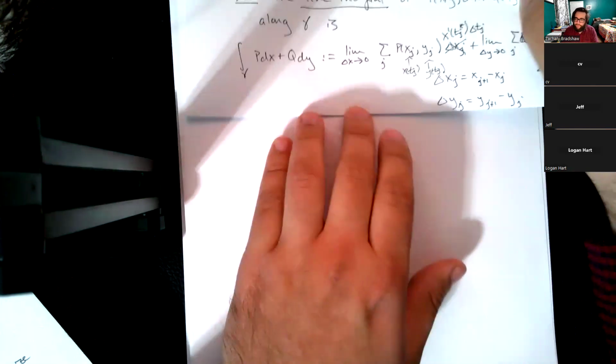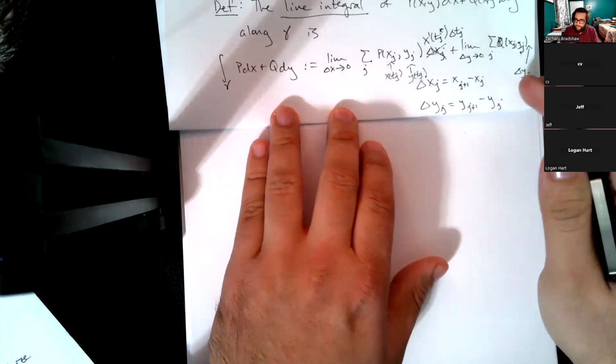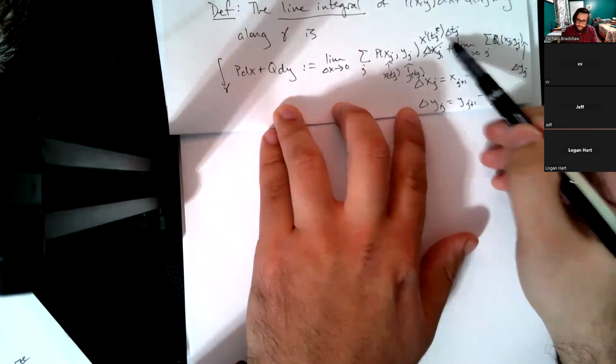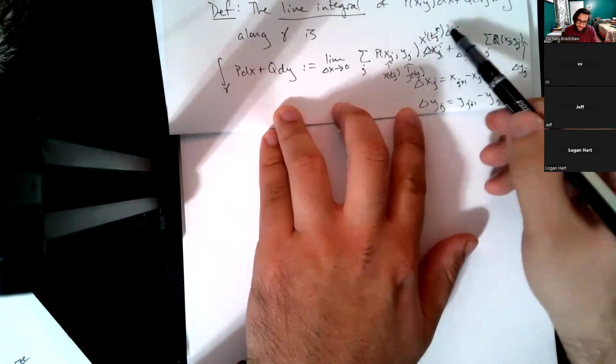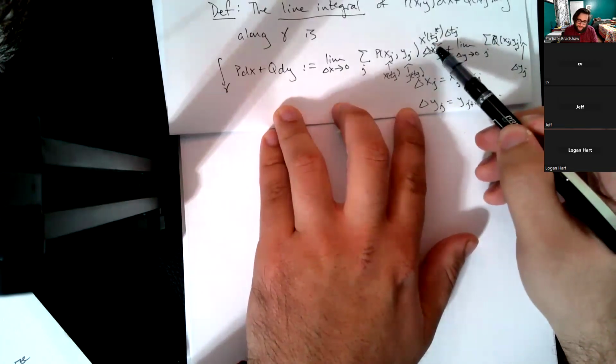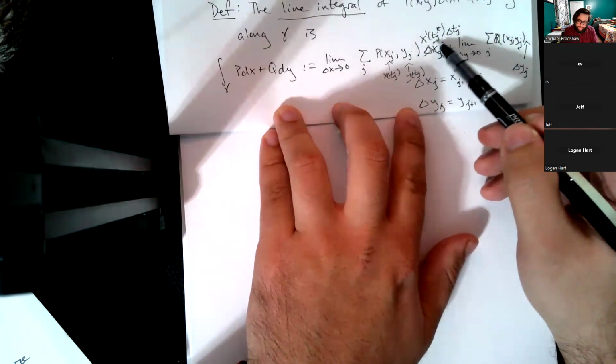And what we find when we take the limits is that this is going to turn into our differential. In both of these cases, this thing is just the derivative of x with respect to t evaluated at tj.